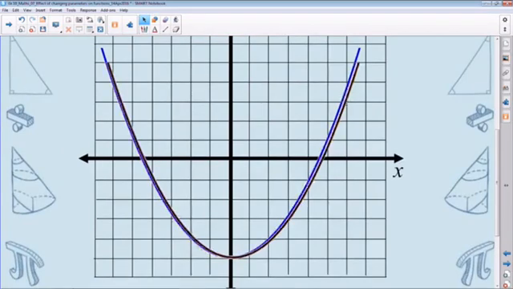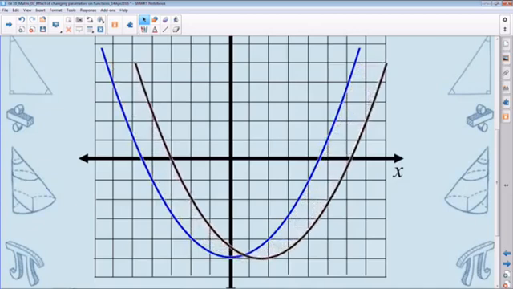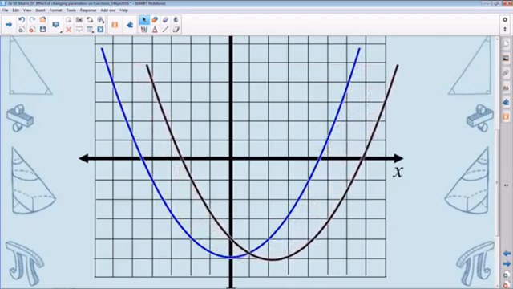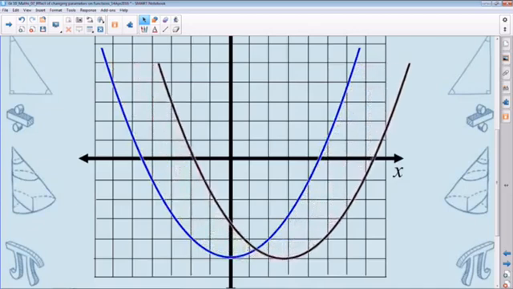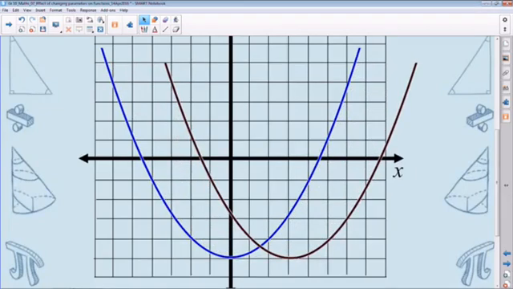I am going to move it, so you see I'm moving, let's check here, 3 units to the right. Now remember, 3 units to the right means that your x is equal to 3.